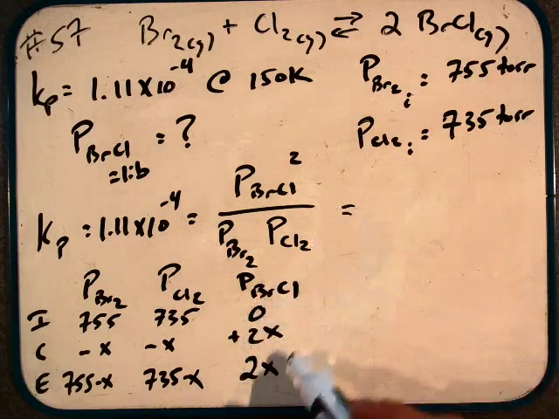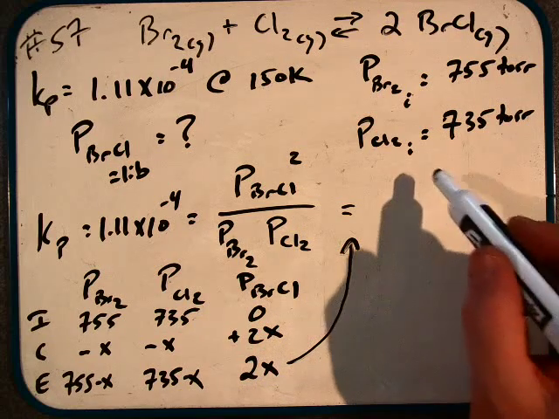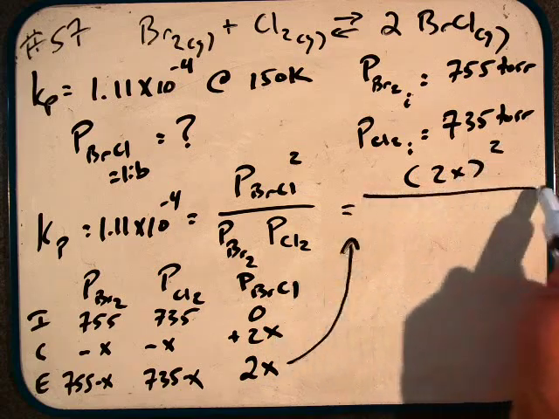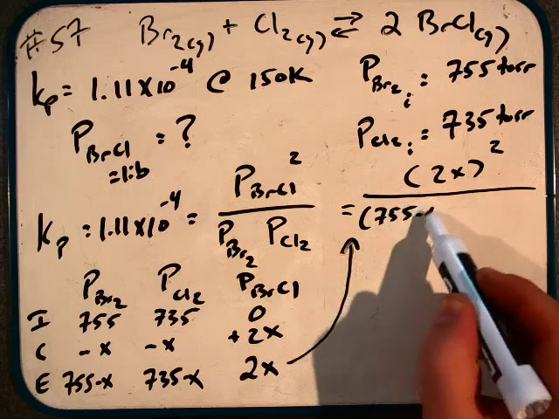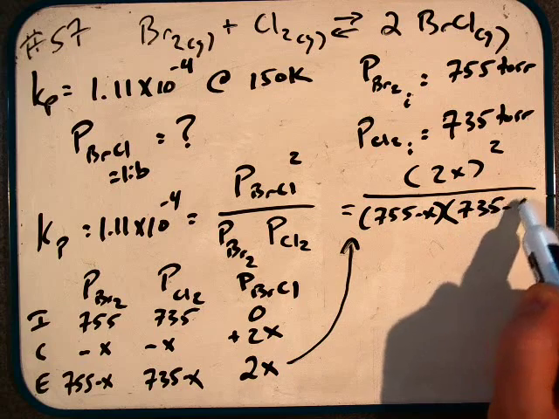So if we now take these values and plug them into our equilibrium expression, we would end up with 2x squared over the quantity 755 minus x times 735 minus x.